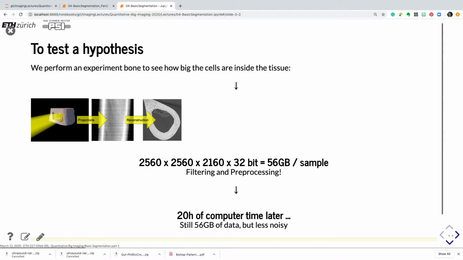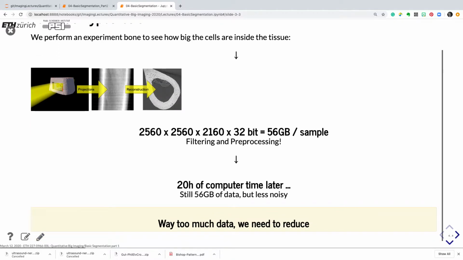From two weeks ago, I talked about image enhancement. Your image is noisy. You push that image through a lot of filters, whatever. 20 hours later, you still have 56 gigabytes of data, but it's less noisy, so it's easier to work with. So we need to do something now to reduce it, because handling this amount of data takes a lot of time, in particular if you're going to do segmentations and getting statistics out of it.